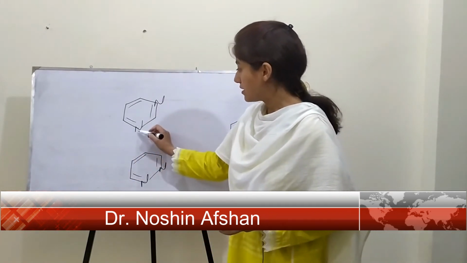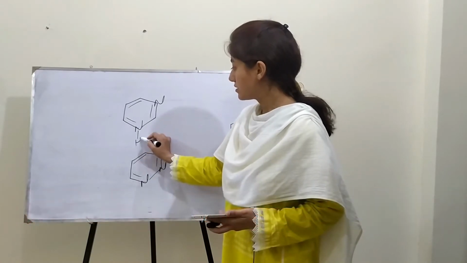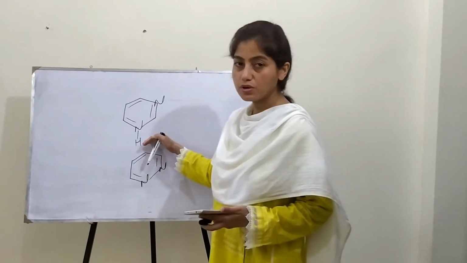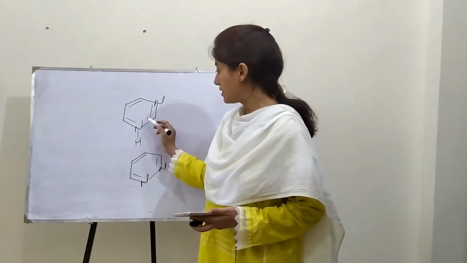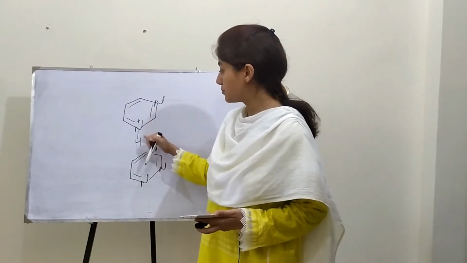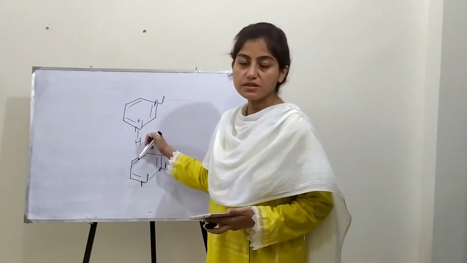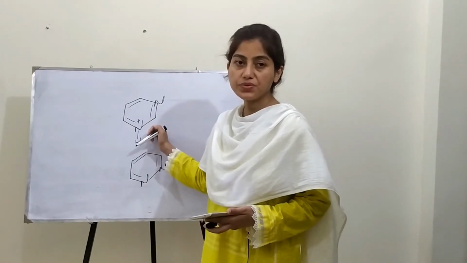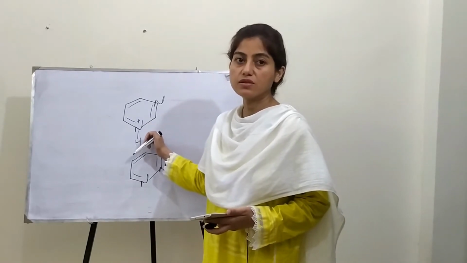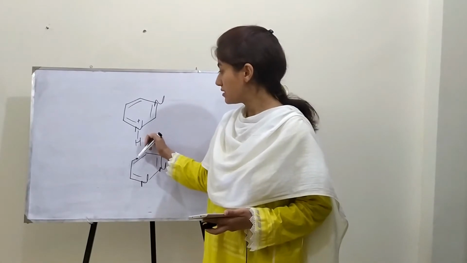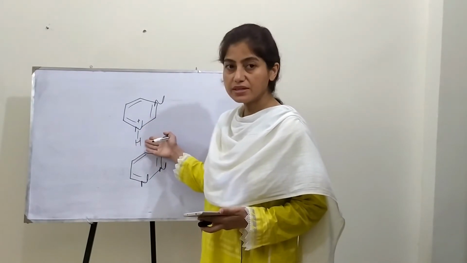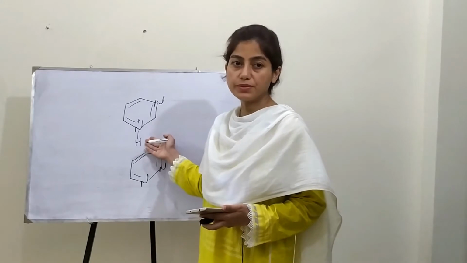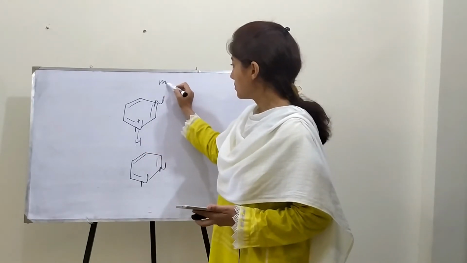For example, when we let this compound react with the proton, only one nitrogen gets protonated and it gets converted into an N-protonated cation, or alternatively it is also called monobasic, because only one nitrogen gets protonated or offers its lone pair. So we call it monobasic.